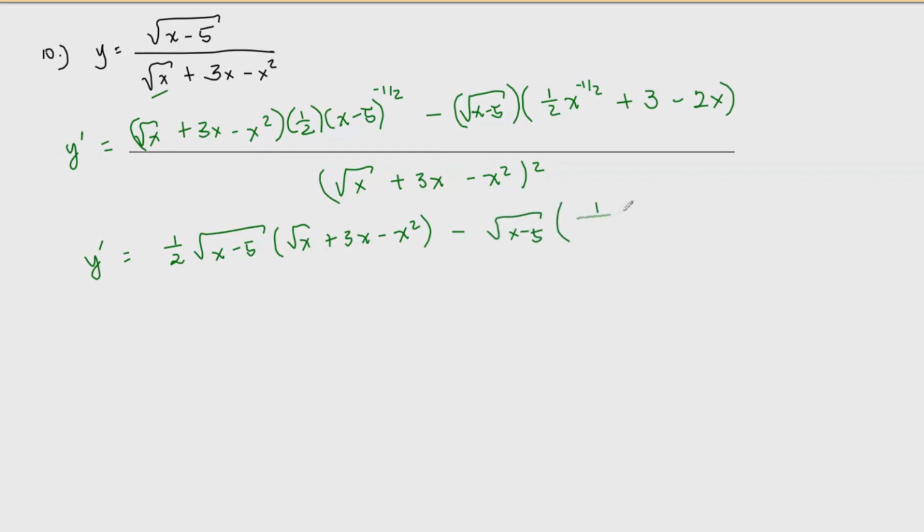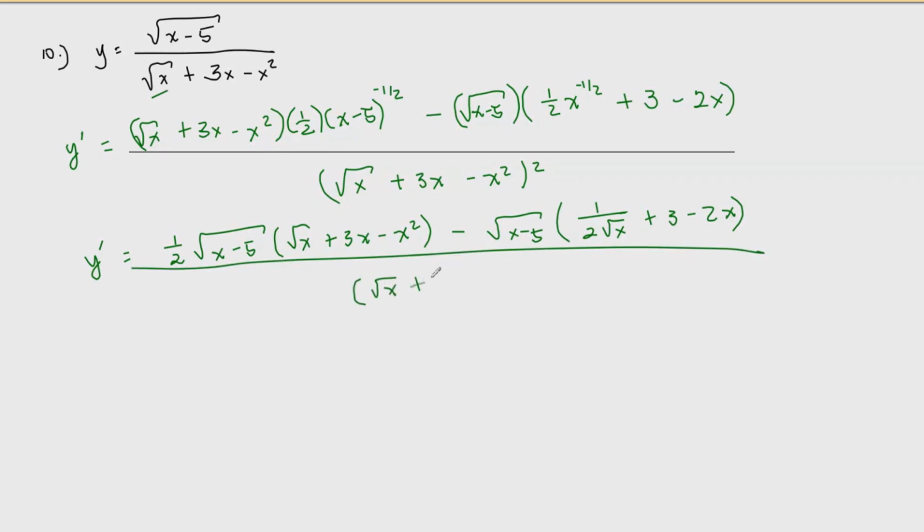So we get 1 over 2 square root of x, and then plus 3 minus 2x, and then divide all of these by the square. You know, your skill should be focusing on differentiating and not actually simplifying, but well, simplifying will also give you some edge, probably.